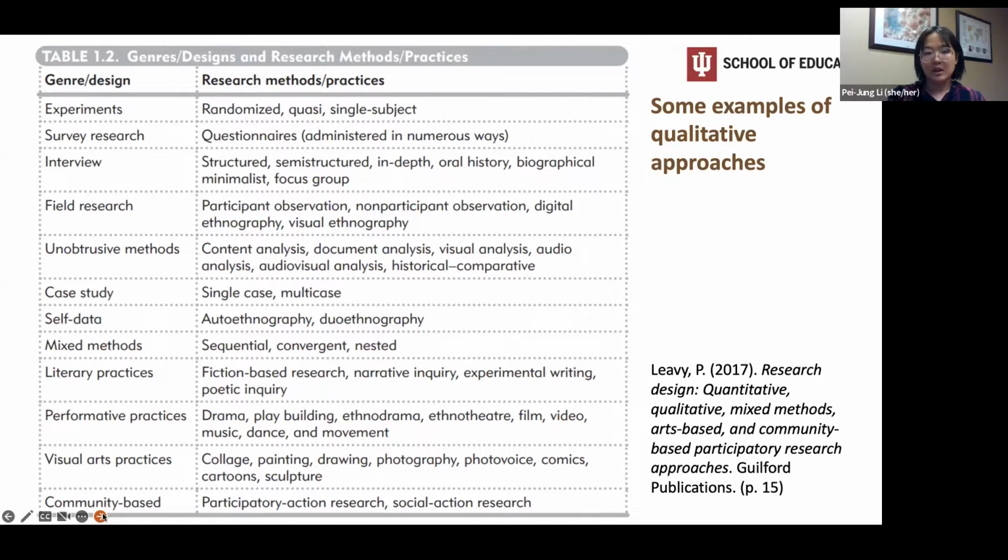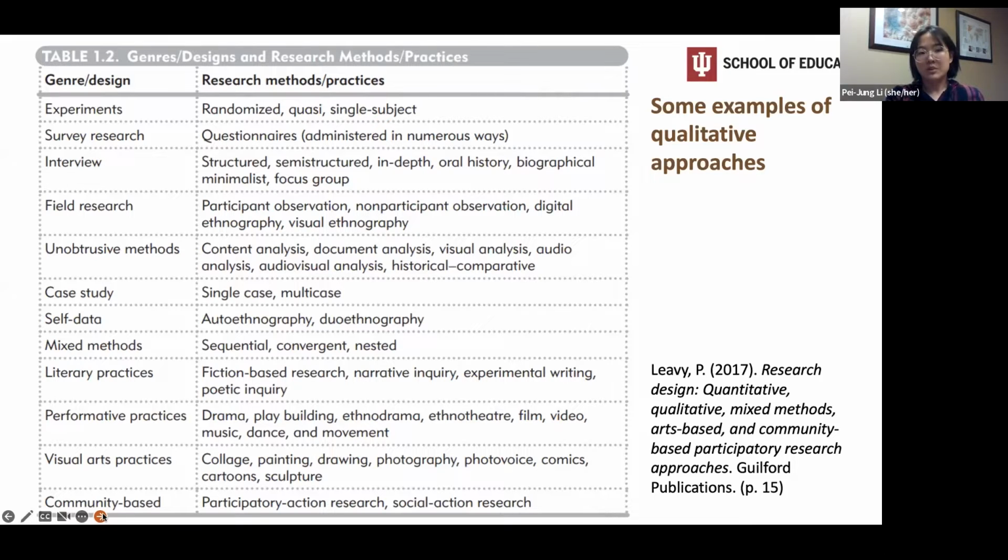In the future, we could possibly talk about what it really means, but it could be one of the research designs. And self-data, such as autoethnography, basically researchers position themselves as the center of the research and try to reflect on their relationship with others, with the world, with their participants, and so on.